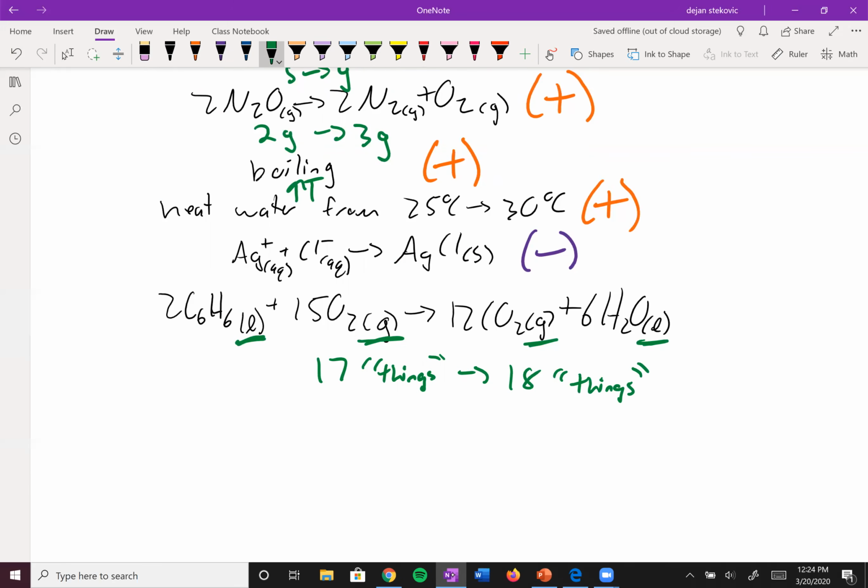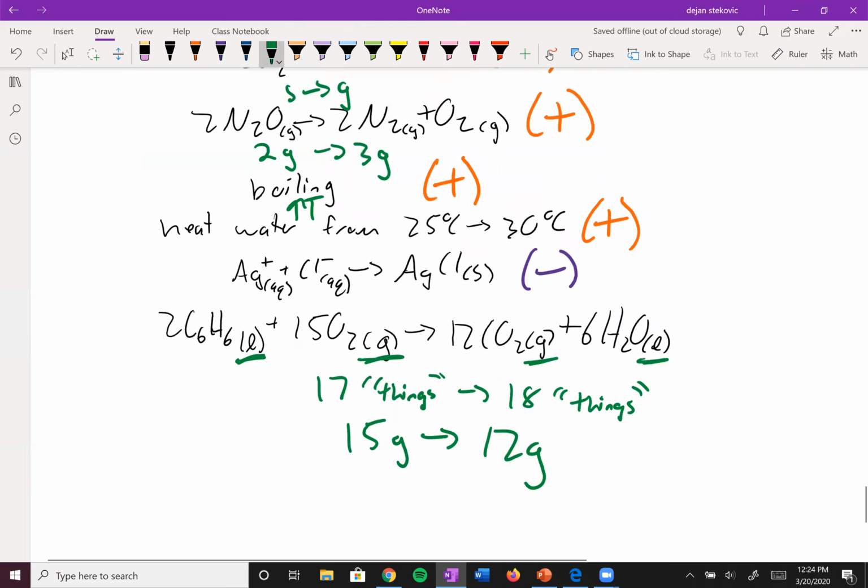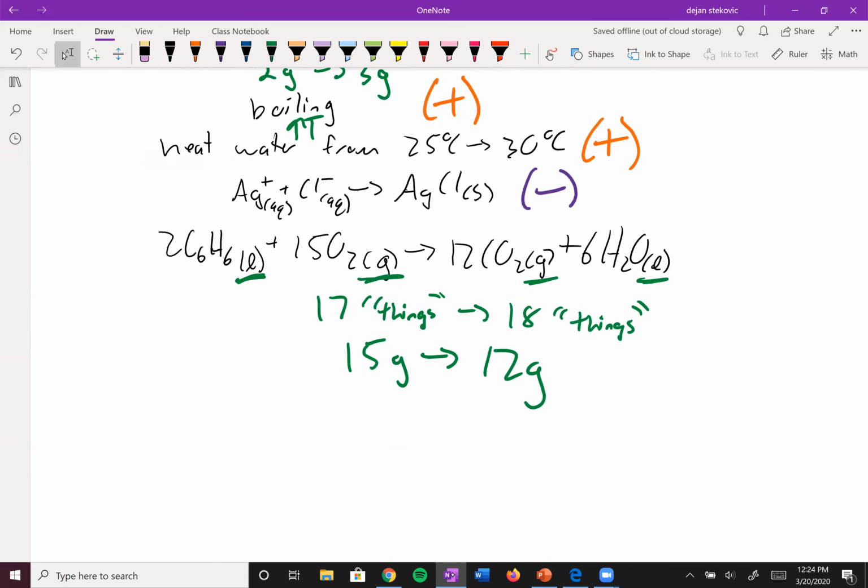You might think, oh, it's got to gain entropy because it's dispersing into more things. More things is more entropy. However, when we take a look at how much gas, here you've got 15 gas turning into only 12 gases. Since gases have much more entropy, this reduction in the amount of gas is going to overpower your increase in the amount of things.